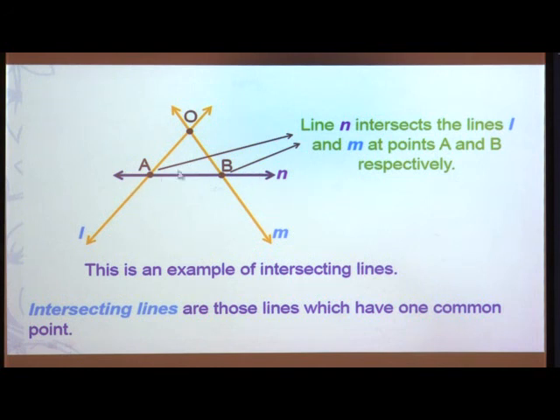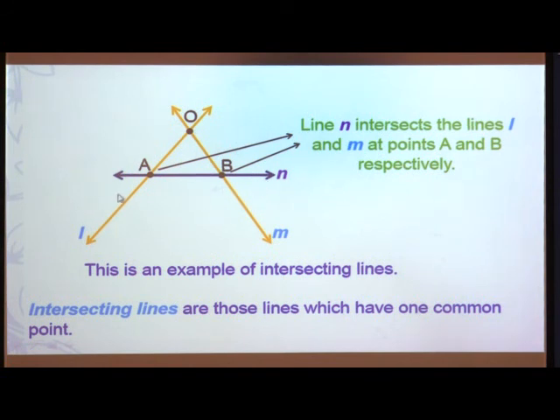As we can see, all the lines have arrows on both sides, so they can extend endlessly. So, we can tell these are lines.